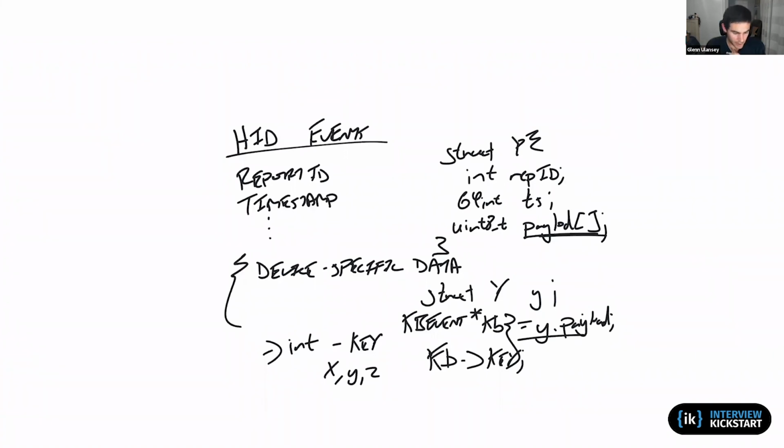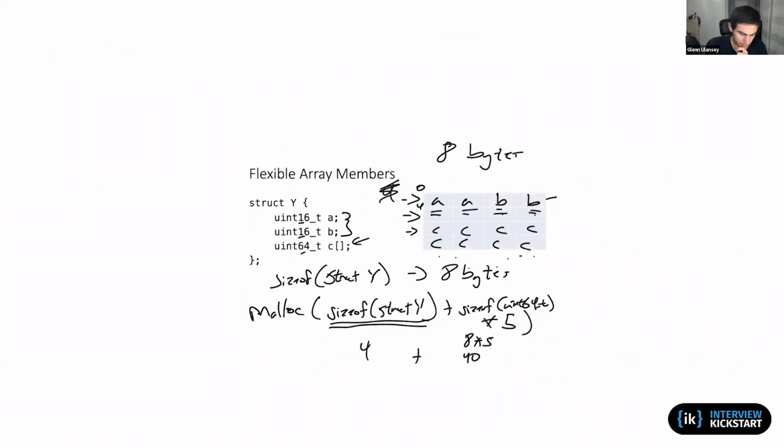I've seen cases where it's accessed directly, and we've just been very careful to make sure that the alignment is correct. I've seen cases where memcpy is used, and I've also seen cases where the format, the encoding of the data within our flexible array member, is completely independent from the formatting of the rest of the structure.